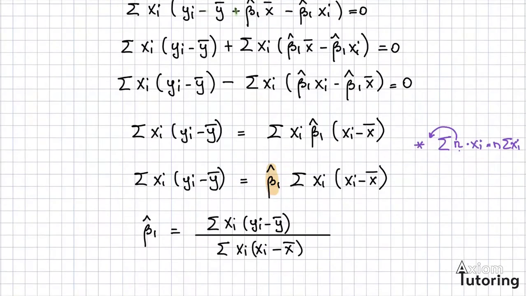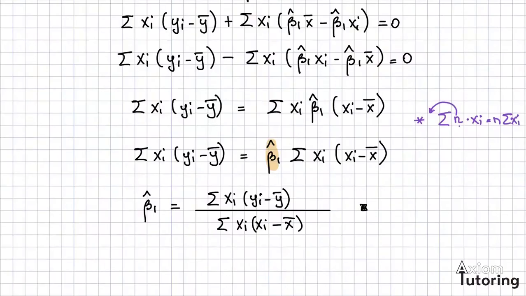Now, when you see this expression, you might very easily think, oh, wait a second, this is not the formula that we have seen in previous videos. Or this is not what I have in my books.